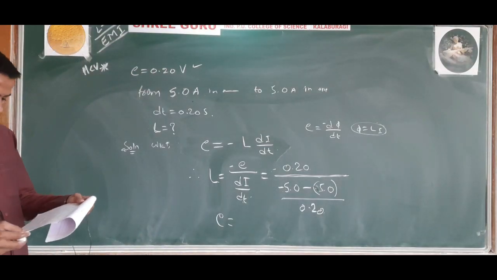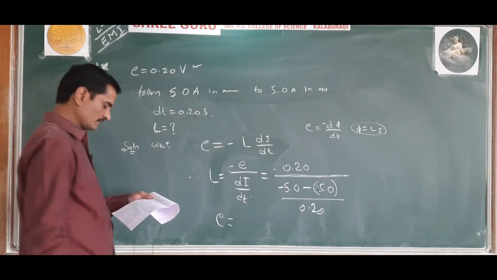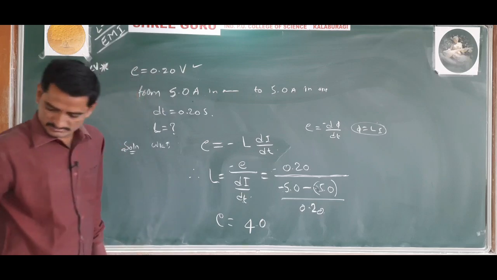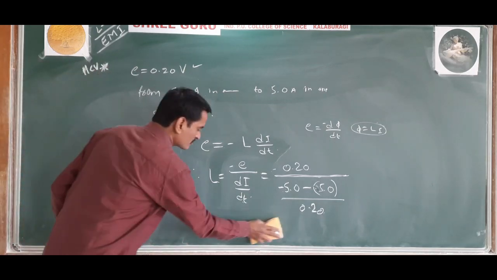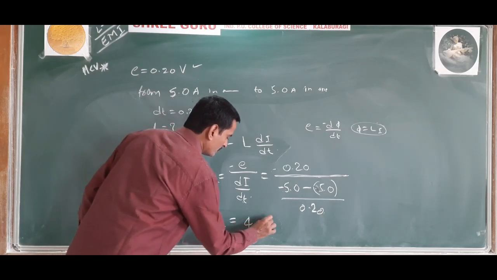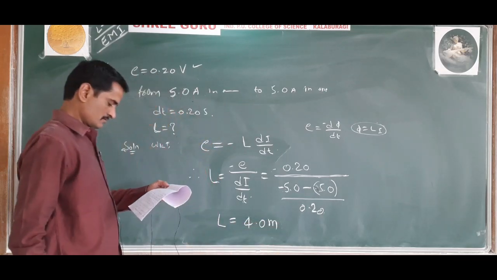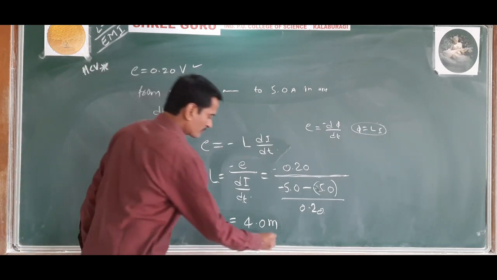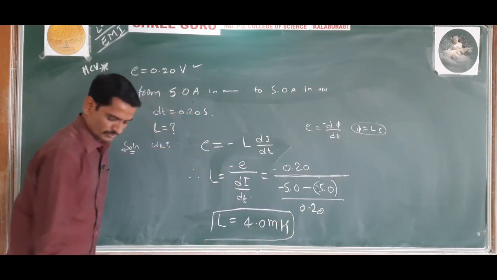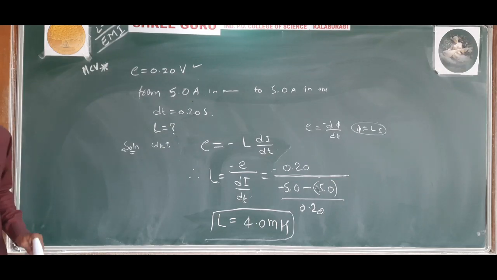I will tell the answer, you calculate the things. L is equal to 4.0 millihenry. So this is the answer. Do the calculation and we'll get the answer.